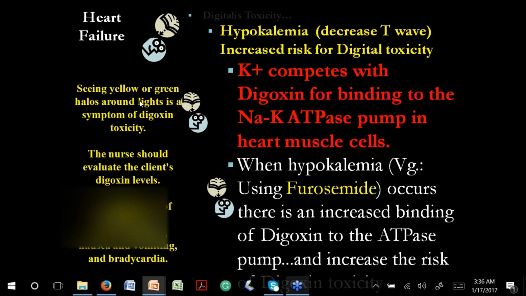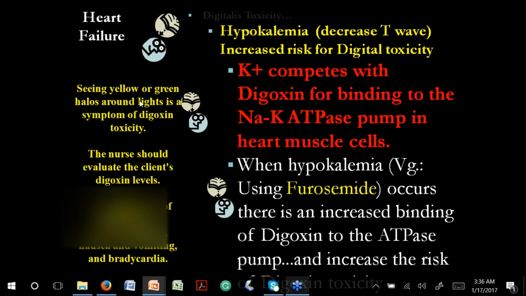What happens is the digoxin is going to compete with the potassium. So the potassium is going to get in and the sodium is getting out. If there are low levels of potassium, there is place for digoxin to get into the cell, so there are going to be toxic levels inside the cell. That is going to happen, for example, when you are using diuretics, Lasix, furosemide, and you are losing potassium.